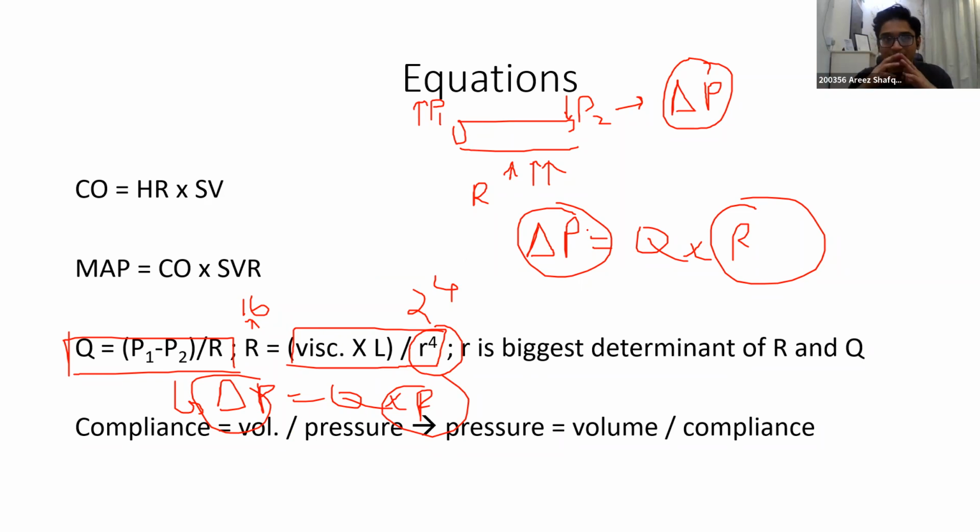Why is that significant? Because you will see this diagram in your other lectures about pressure, showing changes in pressure throughout the circulation. The biggest change in pressure throughout the circulation occurs at the arterioles.